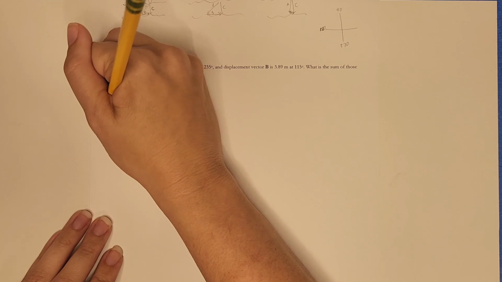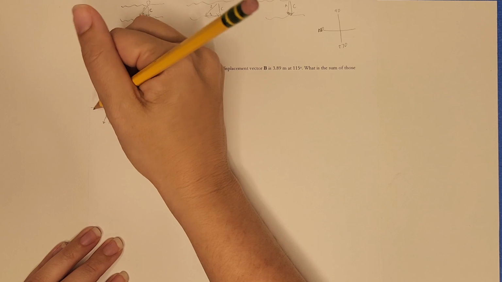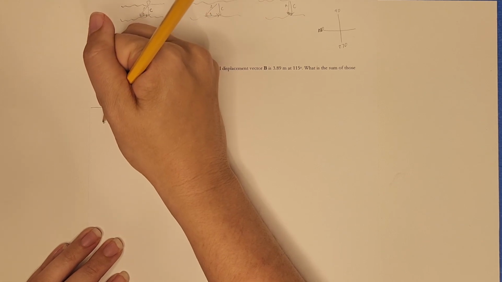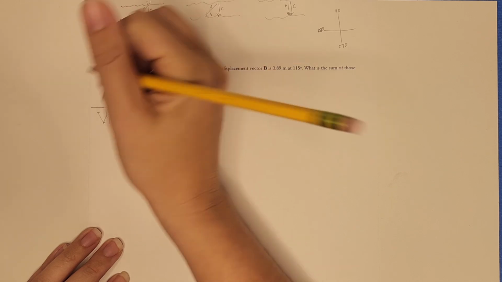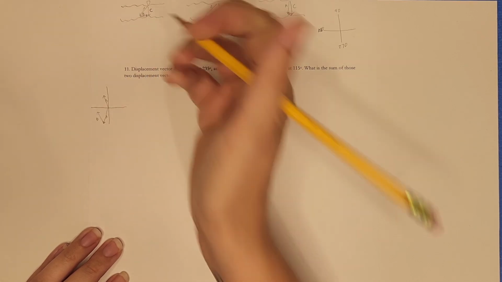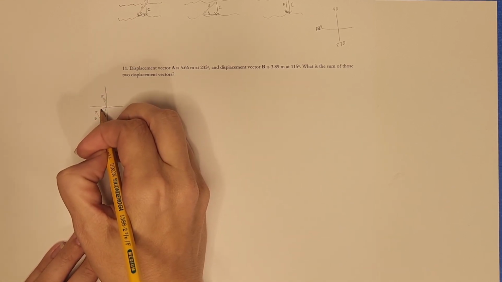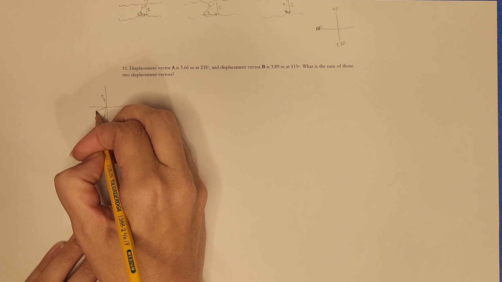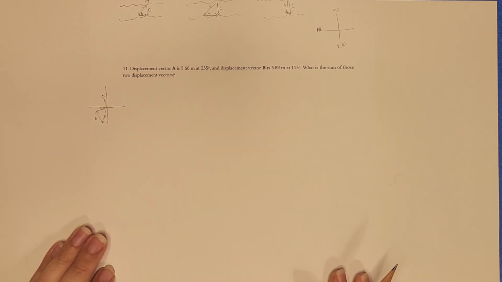Okay, so this is A, this is B. Now I'm going to draw it as an A plus B. About like that. Okay, and then from there, I'm going to draw my C. So like I said, this just gives me an idea of what I should be expecting.